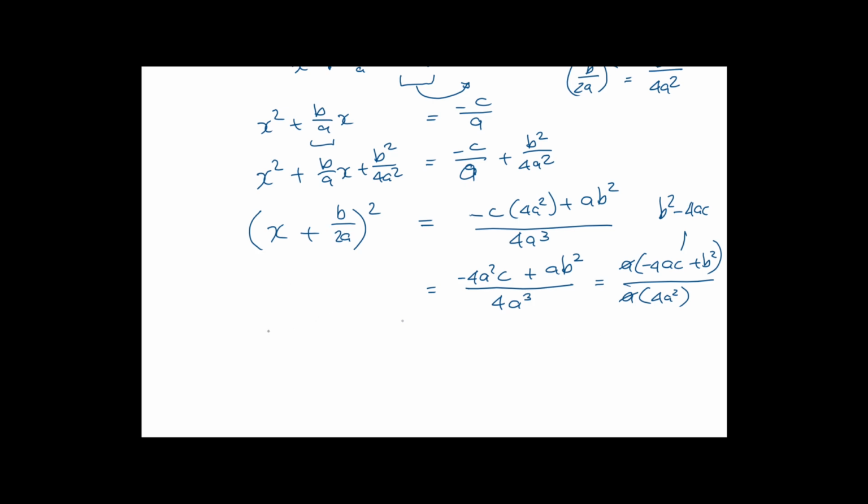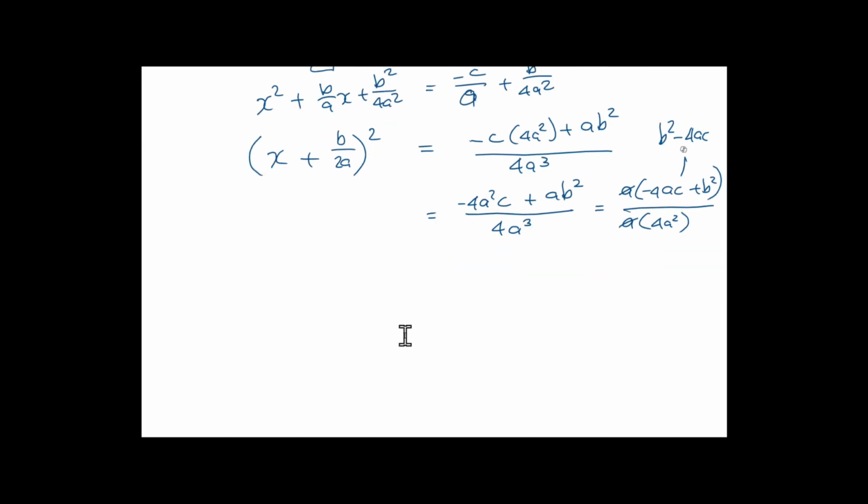Fantastic. So we have x plus b over 2a squared equals b squared minus 4ac all over 4a squared.